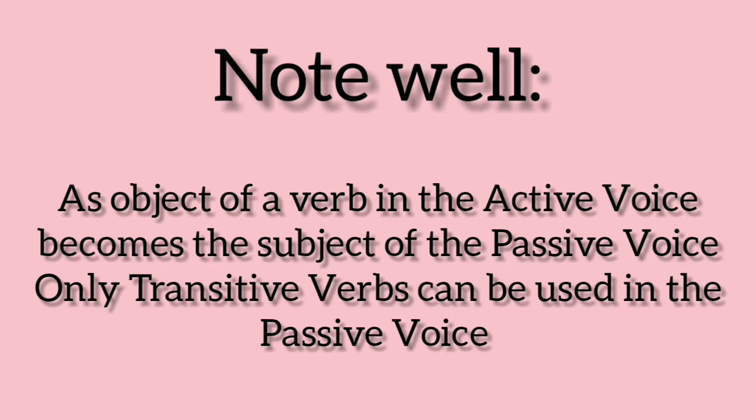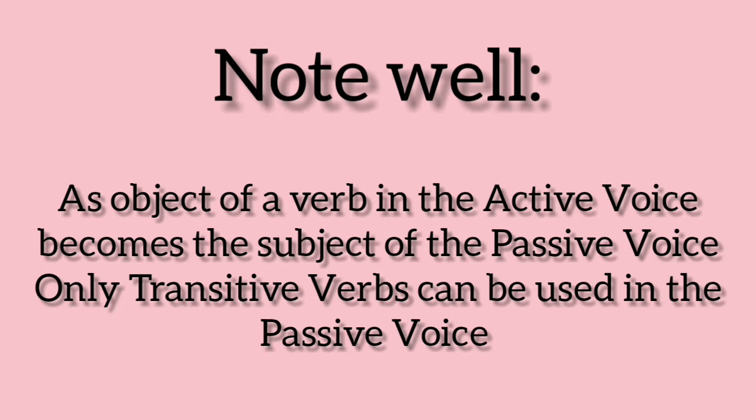We need to note well that the object of a verb in the active voice becomes the subject of the passive voice. So, only transitive verbs can be used in the passive voice because an intransitive verb has no object.